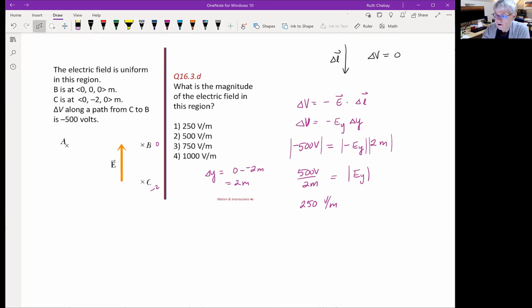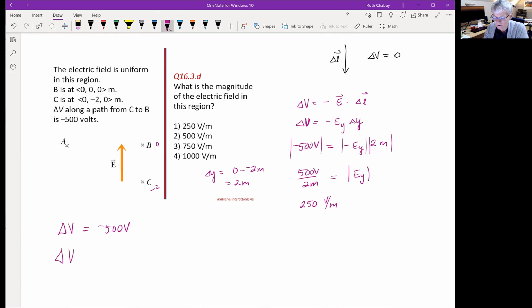Now, how would we write this potential difference? We wrote here that delta V along a path from C to B is negative 500 volts. But how do we show in our notation that it's a path from C to B? Well, there are two ways to do it.